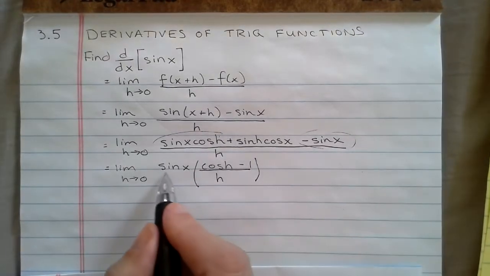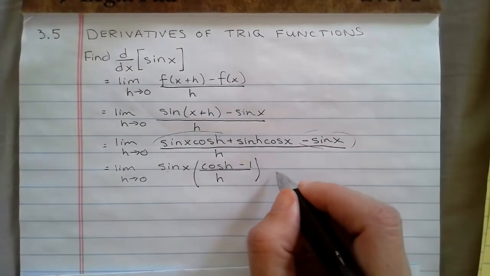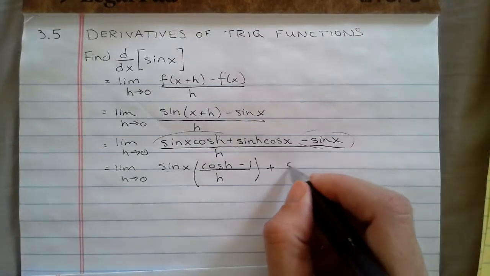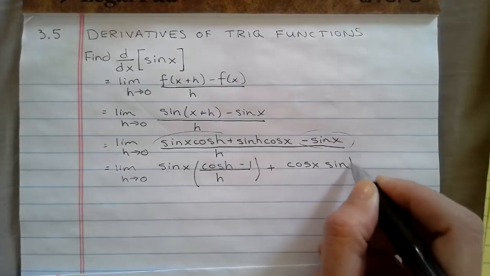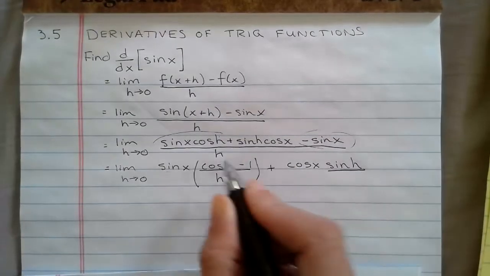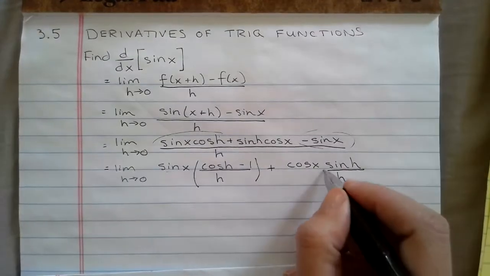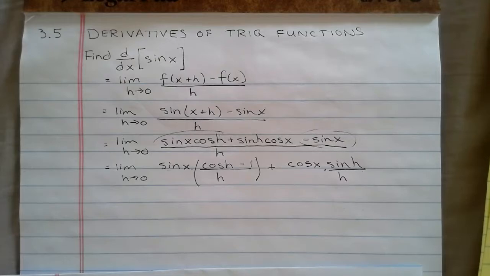If I put this over 1 and multiply them, I get that. And then I'm going to leave this cosine x, sine h, also over h. If I were to multiply these back out and get them over a common denominator, we'll be right back where we were.